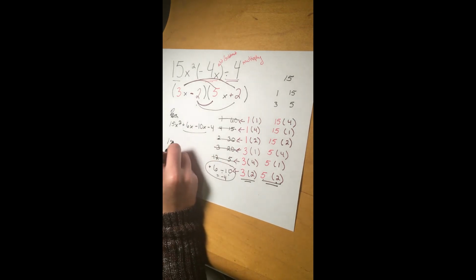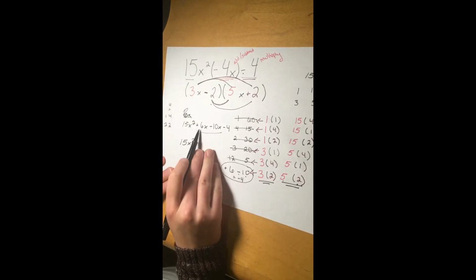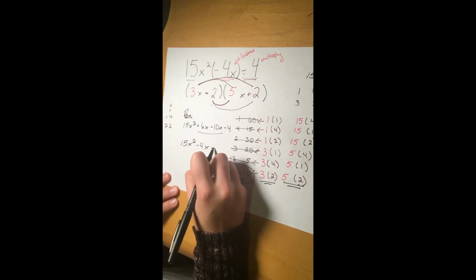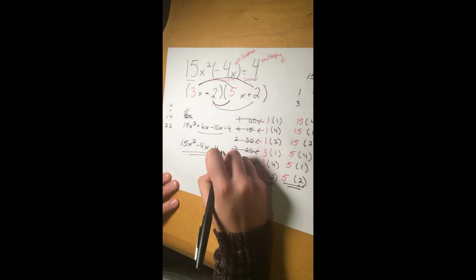Combine your terms, 15x squared, +6 minus 10 gives us a -4x minus 4, and that's the answer we were looking for.